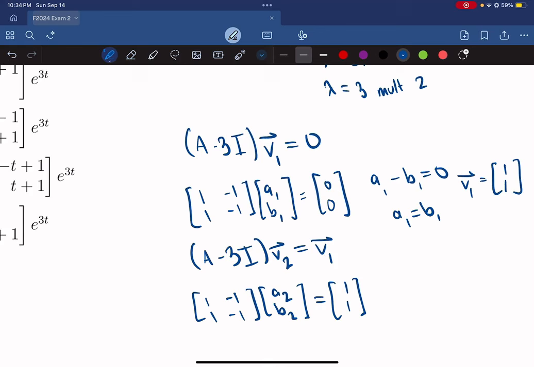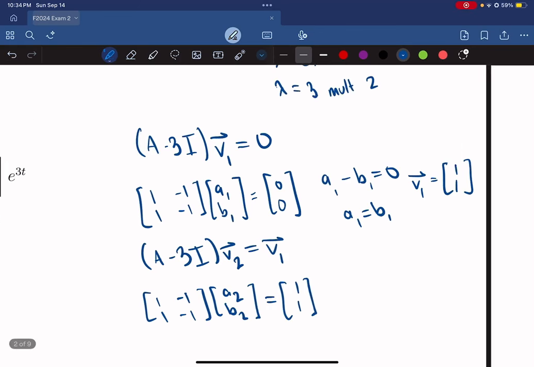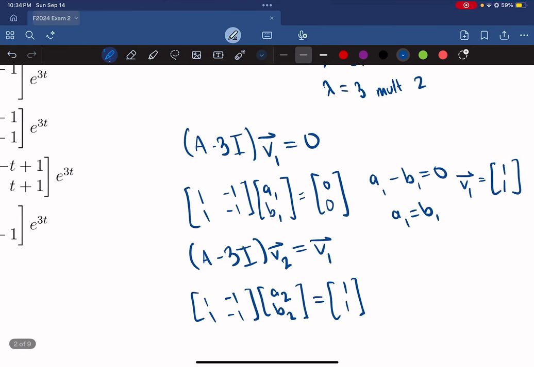Set it equal to 1, 1 instead of 0, 0. And again, it's just another system. a2 minus b2 equals 1. And then from there, you get a2 equals 1 plus b2.